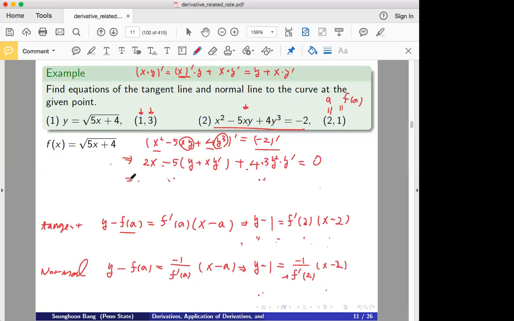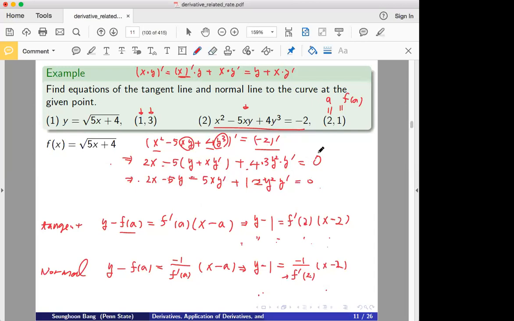So we have 2x minus 5y, minus 5xy prime, plus 4 times 3 is 12, y squared y prime equal to 0.